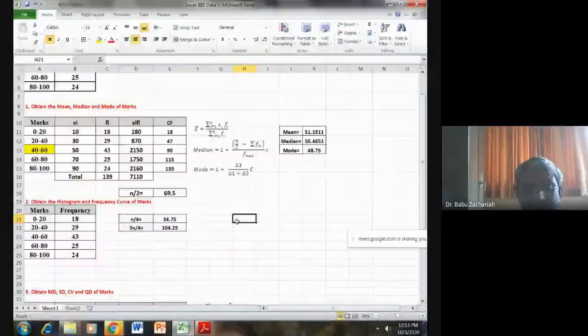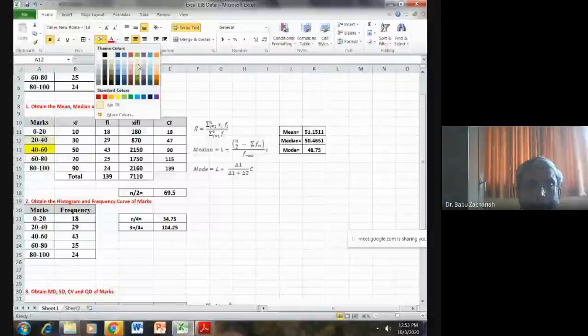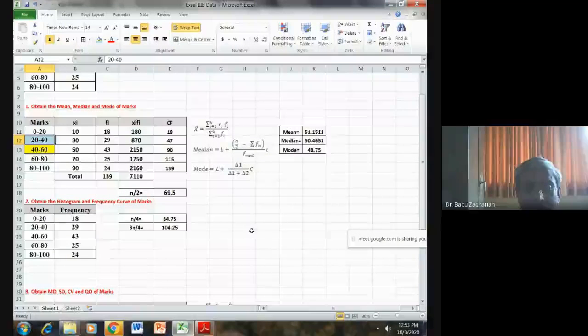So 34 and 104. Here it is crossing the 34, so I'll give another color, maybe this color. That is the Q1 class, where it crosses over 34. And this 104, that is the Q3 class.